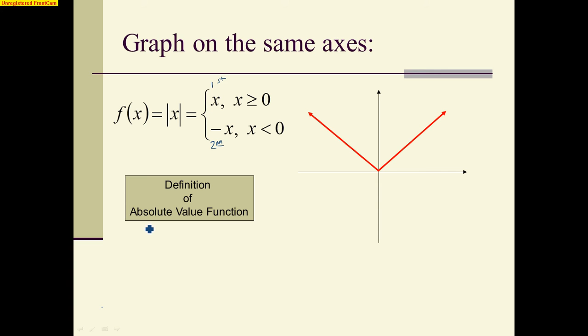It is mathematicians' cheating way of writing these two pieces, where the domain was chopped. The domain goes from negative infinity to infinity, but it was chopped at 0 and has one rule to the right of 0, including 0, and another different rule for the left. We are going to define this absolute value function as our parent, or our normal absolute value.